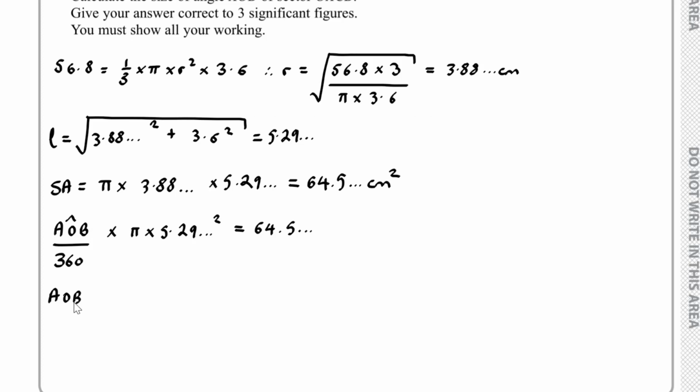So AOB is going to equal 64.5, etc. multiplied by 360 divided by pi times 5.29, etc. squared.